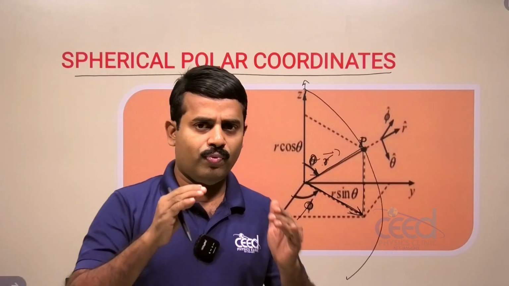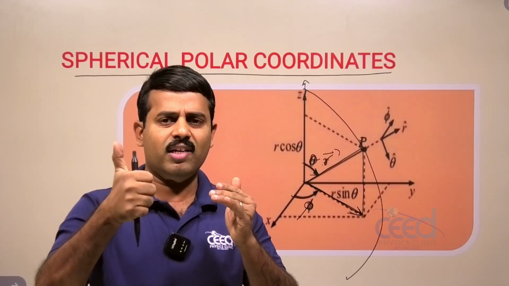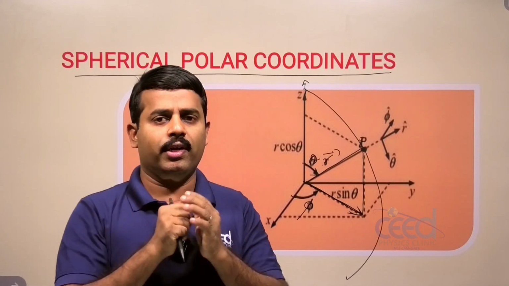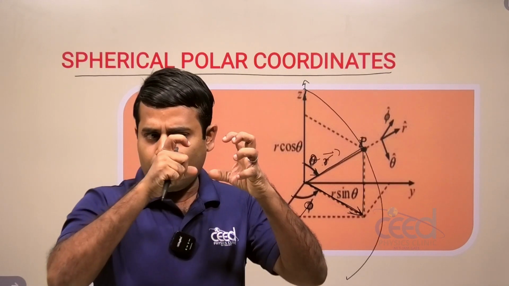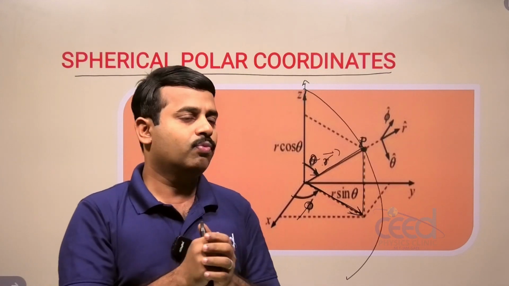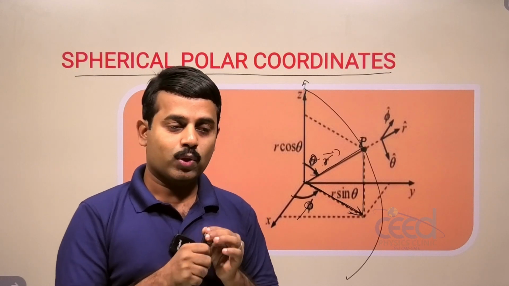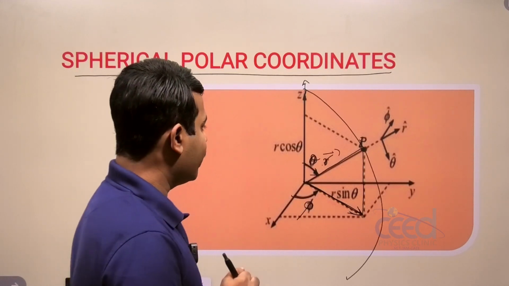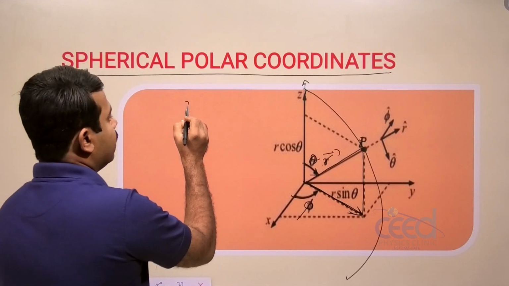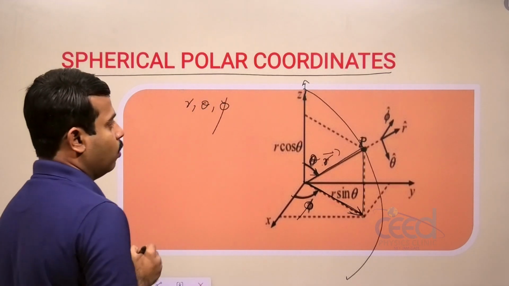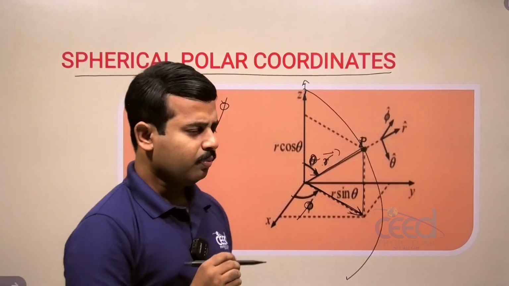So once we define r, theta, phi for a point, that particular point exists only for those values. So instead of x, y, z, here you can use r, theta, phi as the coordinate system.